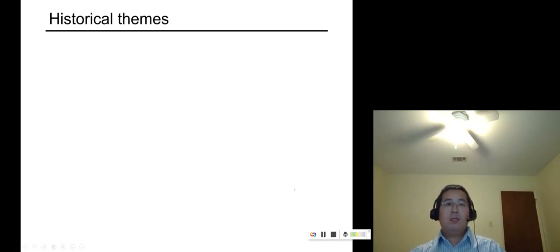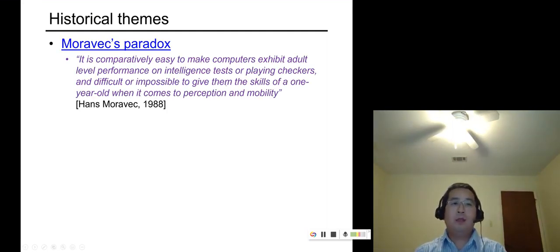And the next one is Moravec's paradox. Just read this one. What is this paradox? It's comparatively easy to make computers exhibit adult-level performance on intelligence tests or playing checkers, and difficult or impossible to give them the skills of a one-year-old when it comes to perception and mobility.